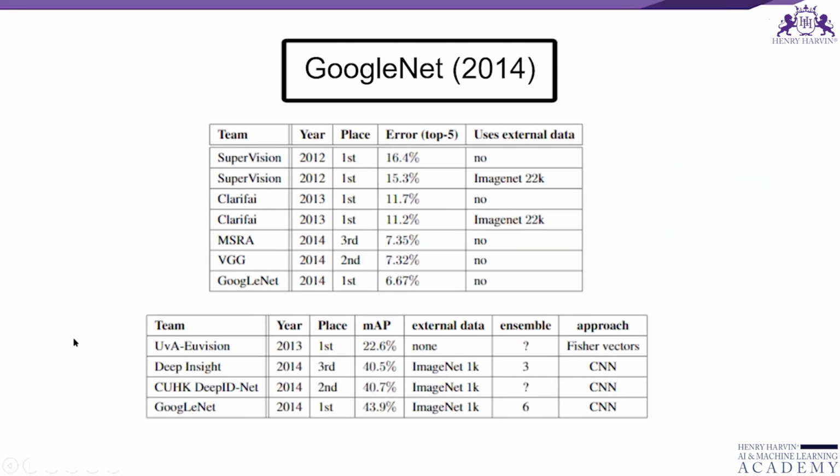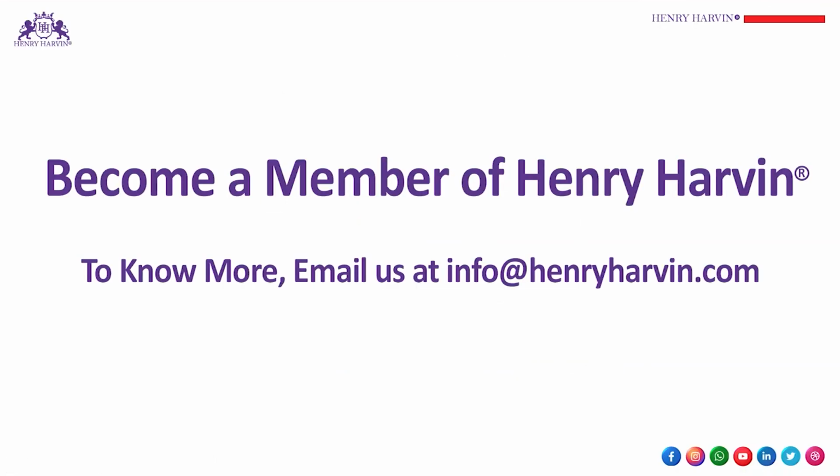As we discussed, GoogleNet was the winner in 2014 that took first place in both classification and detection tasks, and it has a top 5 error rate of 6.67% in the classification task, and an ensemble of 6 GoogleNets gives 43.9% mAP on the ImageNet data set, right?